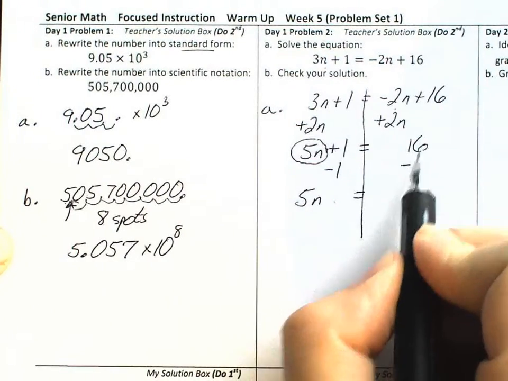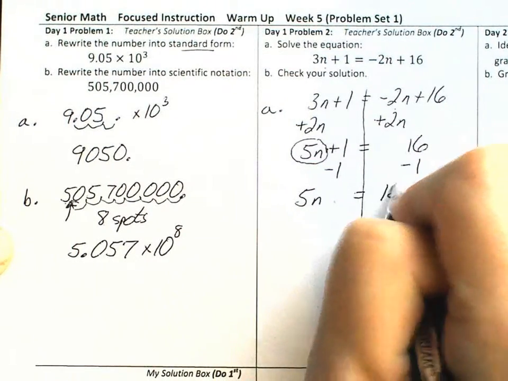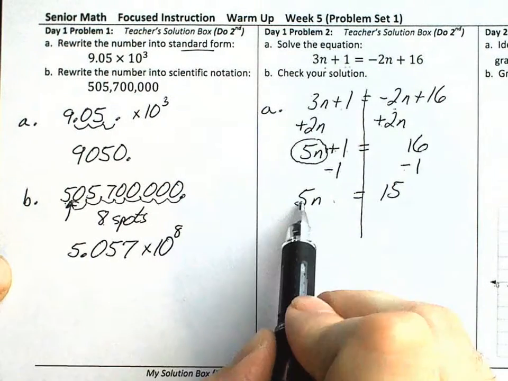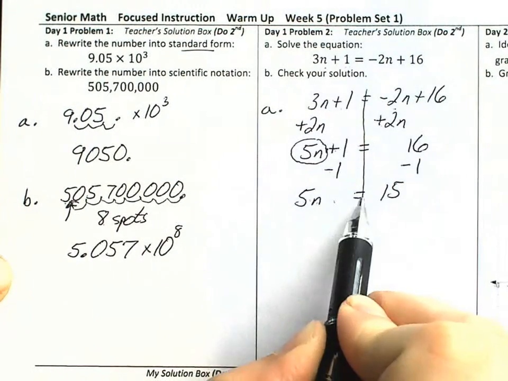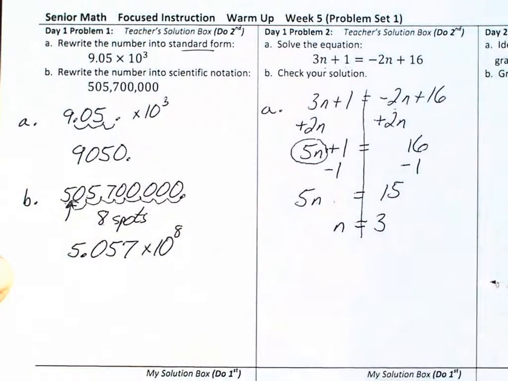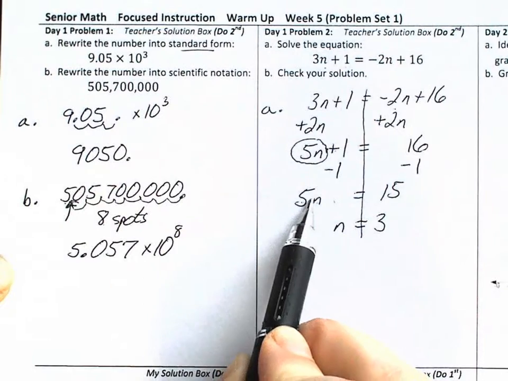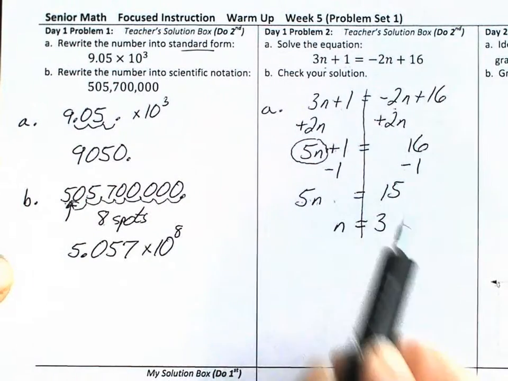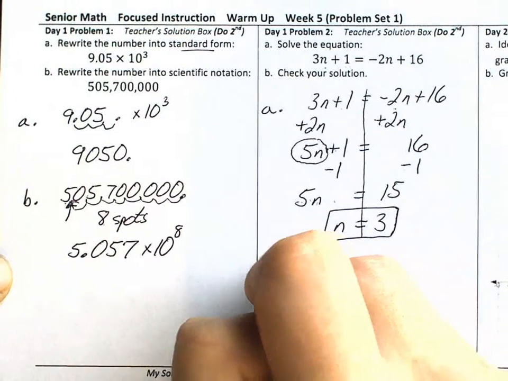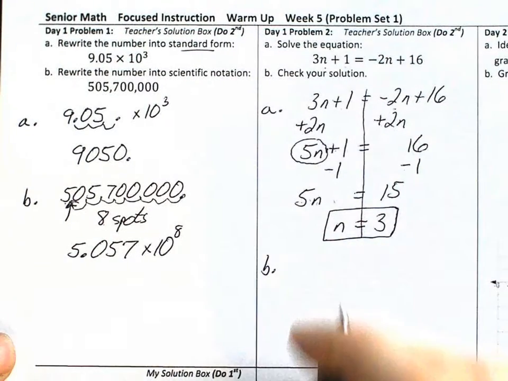And this equals 16 subtract 1 is 15. So we have 5 times n equals 15. 5 times some number equals 15. And we can solve that for n to get 3. 5 times 3 makes 15. So we think that the answer is n equals 3. And in part B, we can check to see if that's correct.